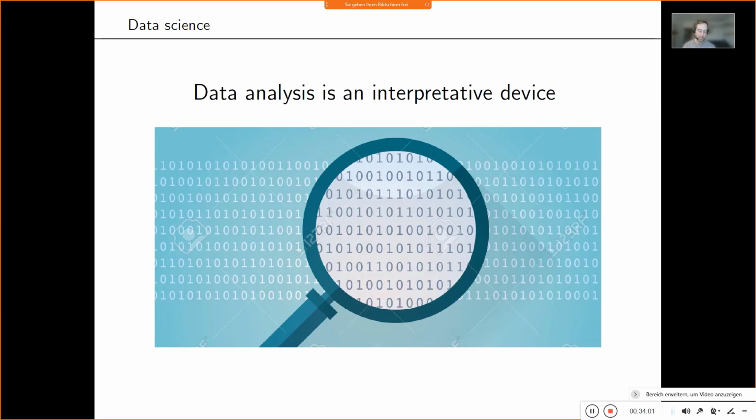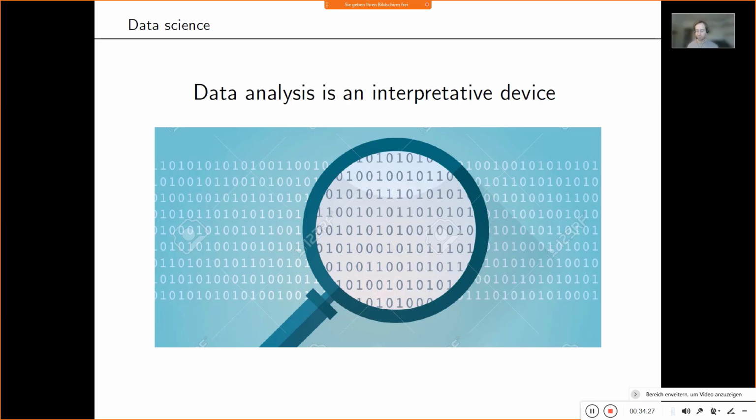Whatever kind of data analytical procedure you use, it's kind of like a lens or a looking glass where you emphasize certain aspects of the data and neglect others. For example, because you say they are noise, meaning that they don't help you in making sense of the data.